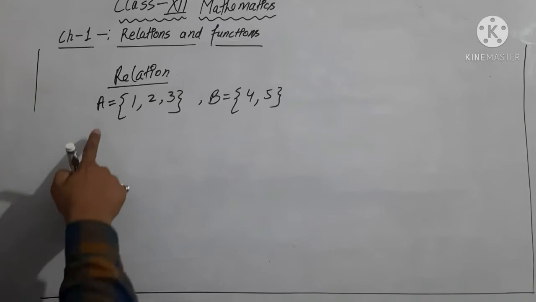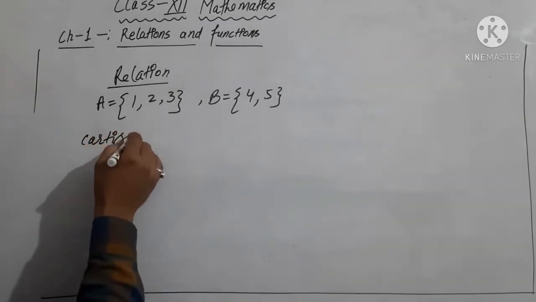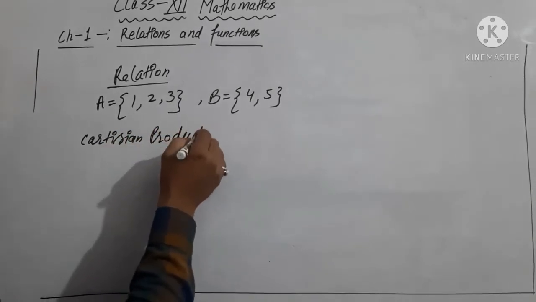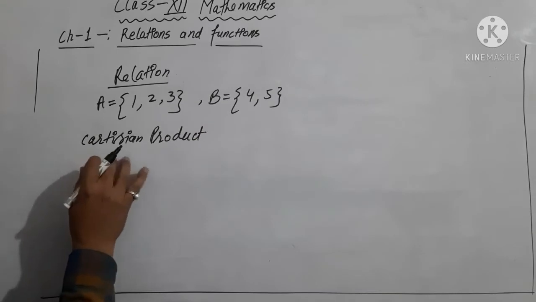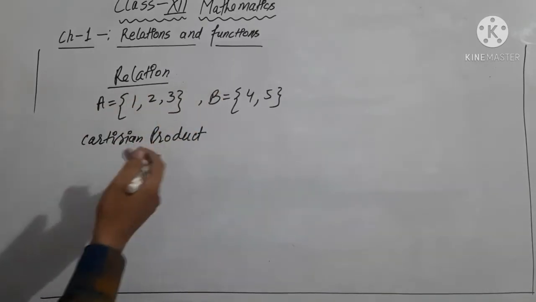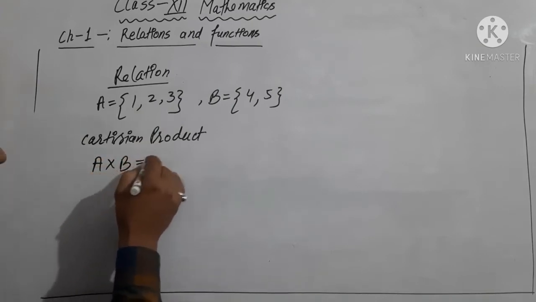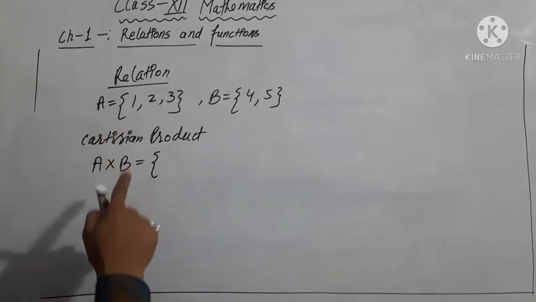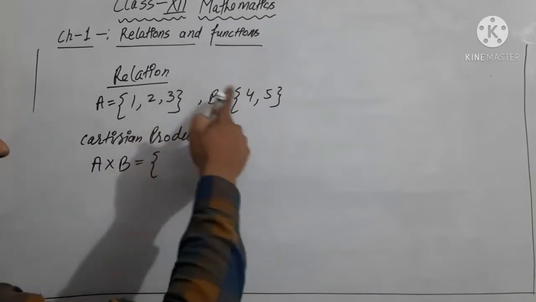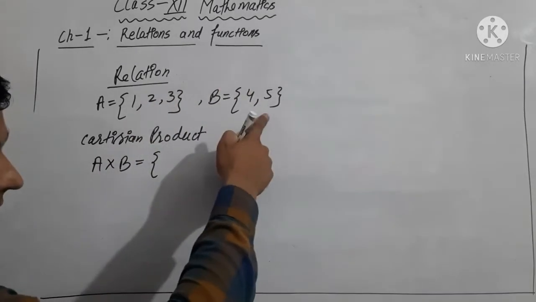Then Cartesian product of these two sets will be... Cartesian product. We have studied it in class 11. I am only redefining it. A cross B. What is A cross B? A cross B can be calculated as 1 4, 1 5, 2 4, 2 5, 3 4 and 3 5.